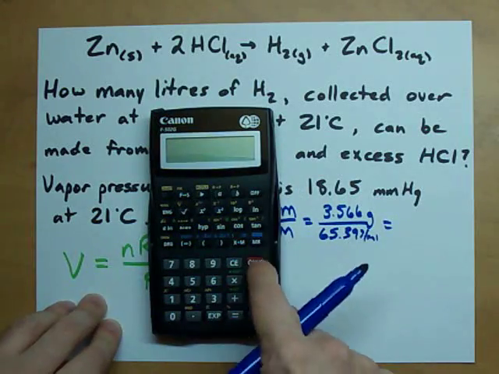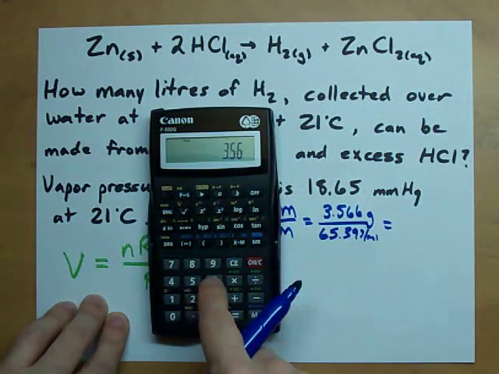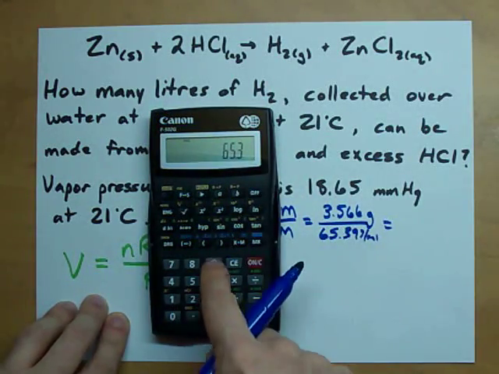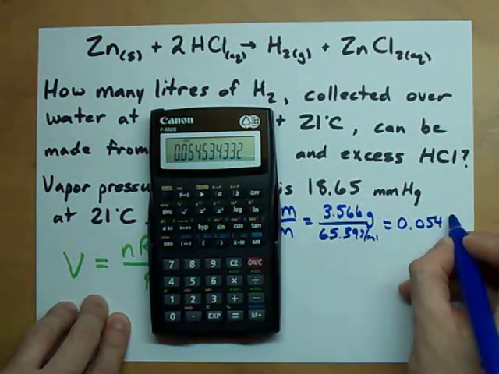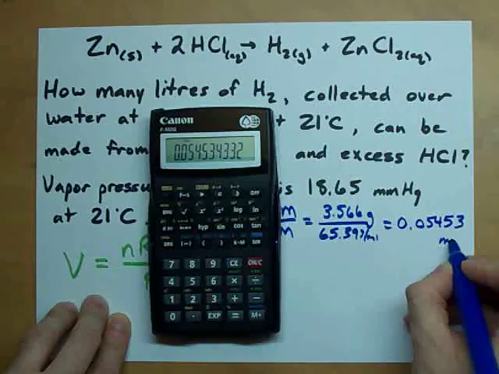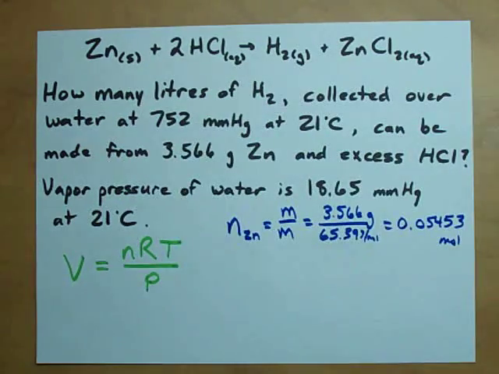On the calculator, that turns out to be 0.05453 moles of zinc being reacted.